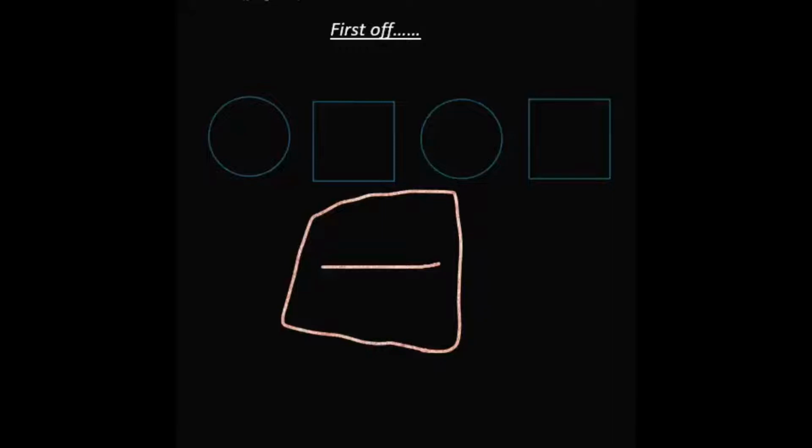So all we have to do here is count the circles, right? So 1 circle and 2 circles. So since we found 2 circles, that means two circles out of how many shapes though? So to find the denominator, we have to look at all of these shapes and count all of these shapes.